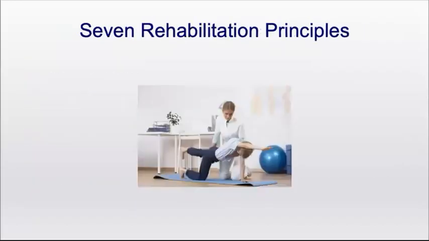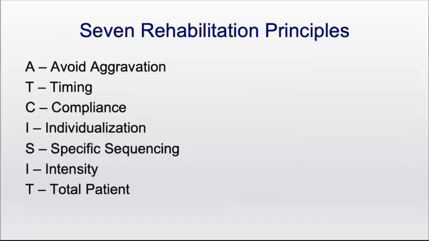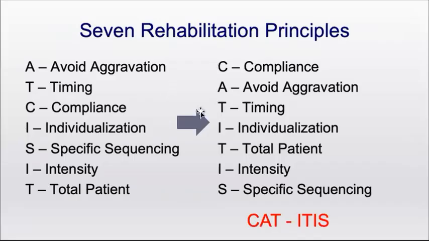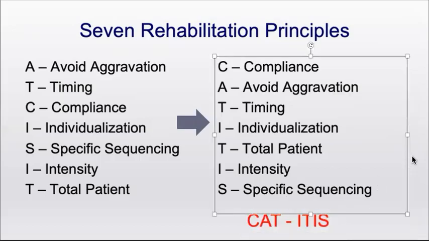Your textbook outlines 7 rehab principles, and I think it's important to go through these because it's just a little bit more structured than those characteristics. Now, they put it into an acronym that doesn't really make much sense to me. It doesn't say anything. So to me, I've kind of rearranged it to CAT-itis. I think that might be easier for you to remember for exam and for your career purposes.